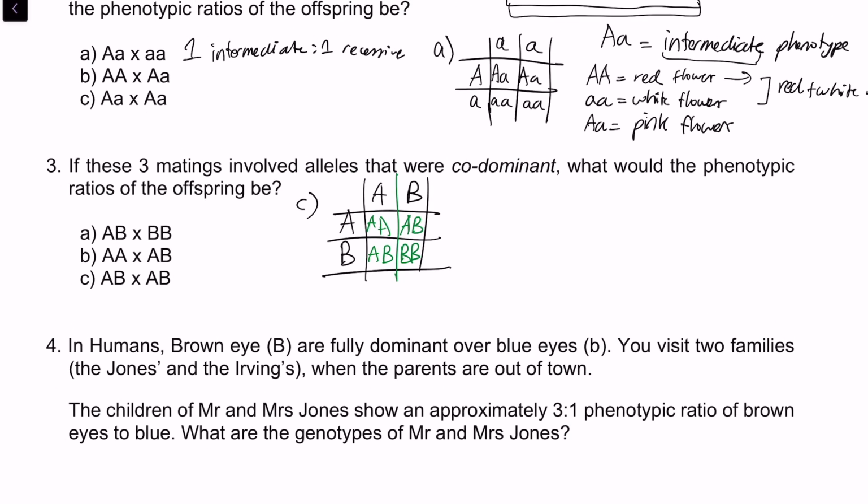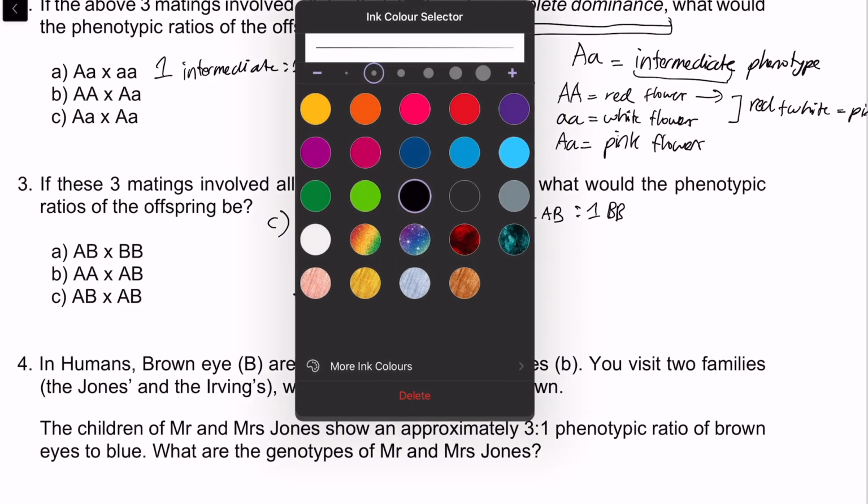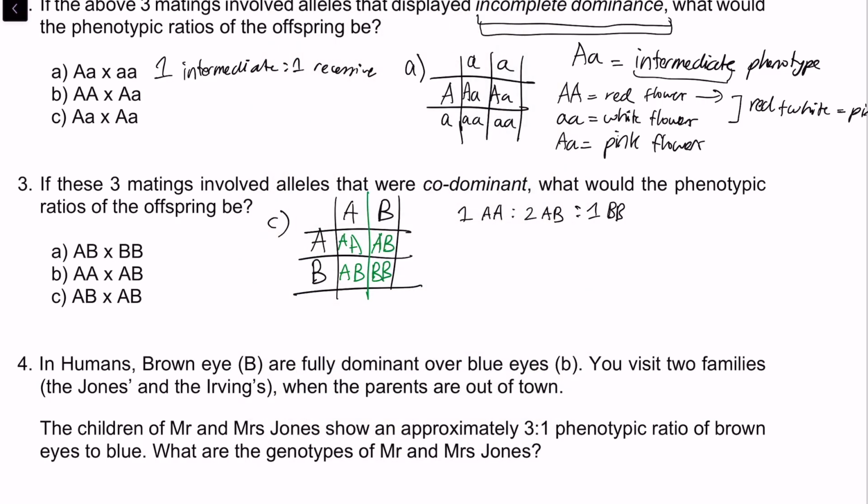Then we can see here that we have one homozygous dominant, A, and then two of them are the heterozygous AB, and then one of them is the homozygous capital B. What this basically means is that one of them will have the A phenotype, and then one of them will have the completely B phenotype.